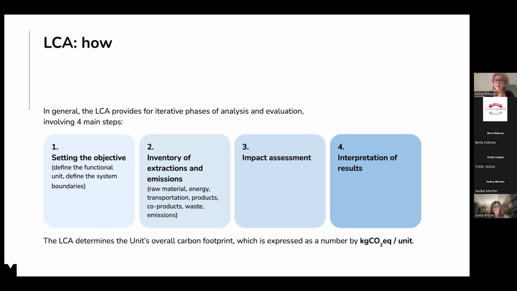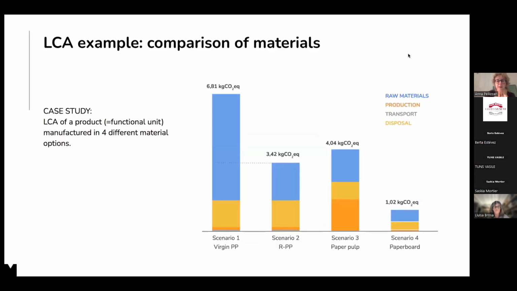So let's say 1 kilo of methane is 25 kilos of CO2 in terms of calculating the overall impact. So this is an example of how a material can impact the LCA and the overall carbon footprint of a unit.